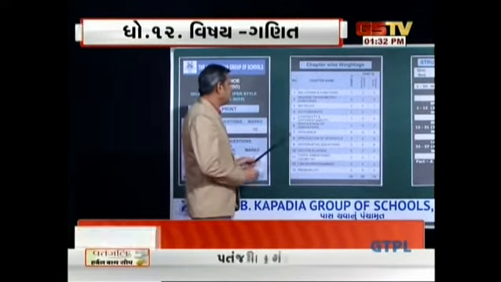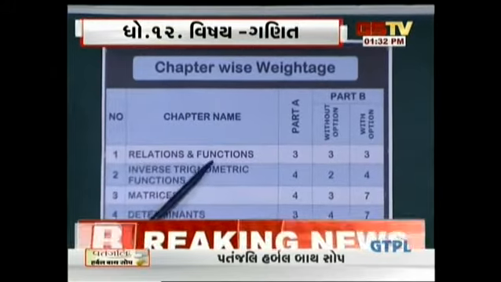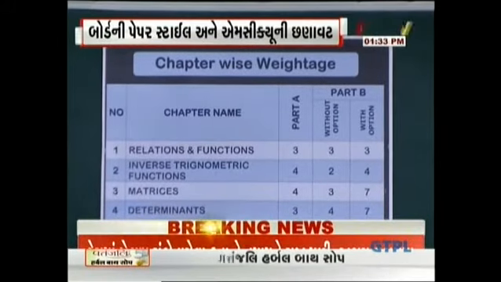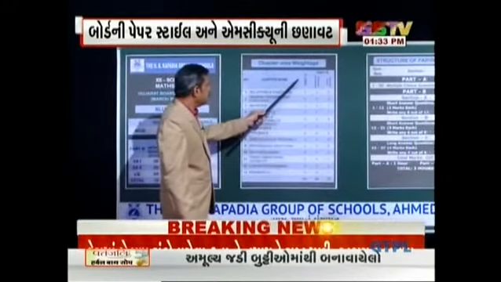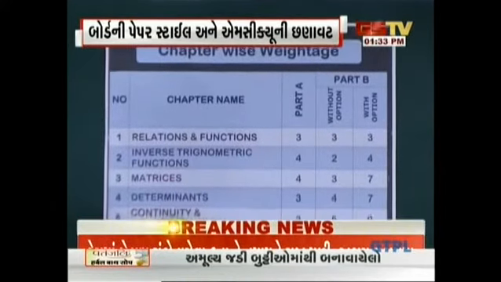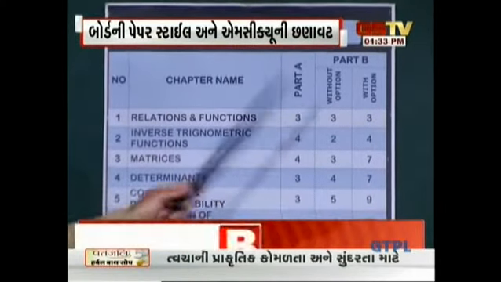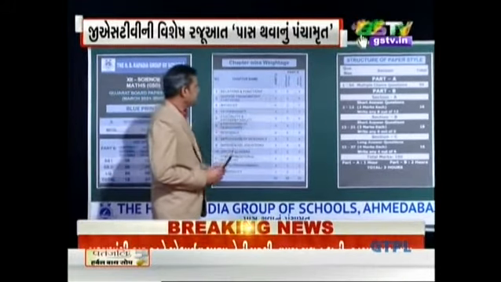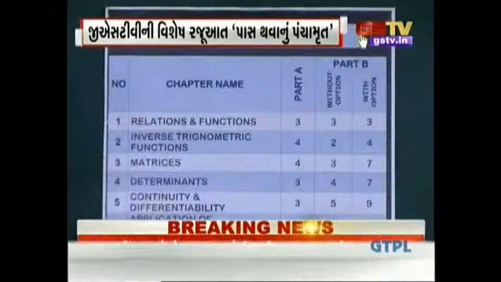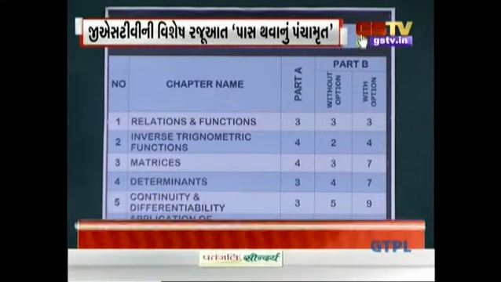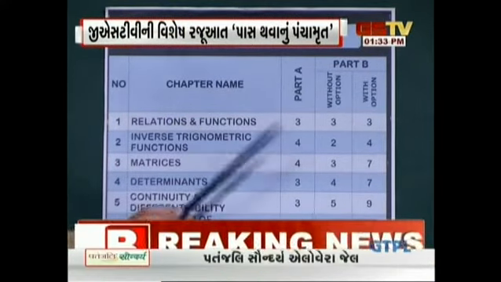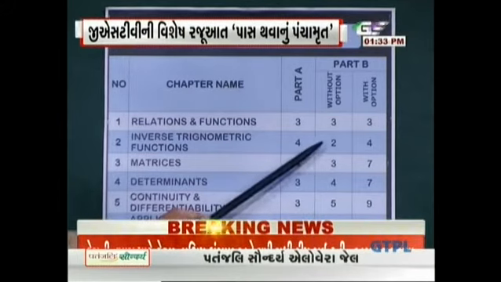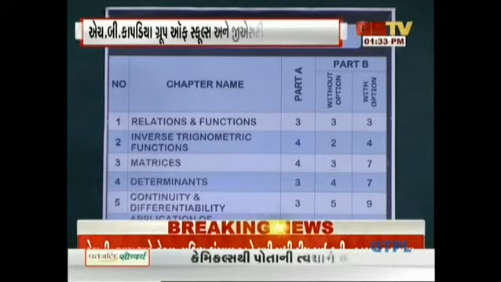Chapter number 1, relation and function. Number of MCQ 3, so Part A 3 marks for the first chapter, and Part B without general option 3 marks, with general option 3 marks. Second chapter, inverse trigonometric function, 4 marks for MCQ, 2 marks without general option and 4 marks with general option.